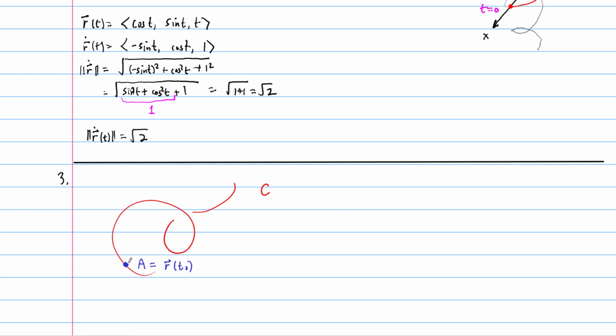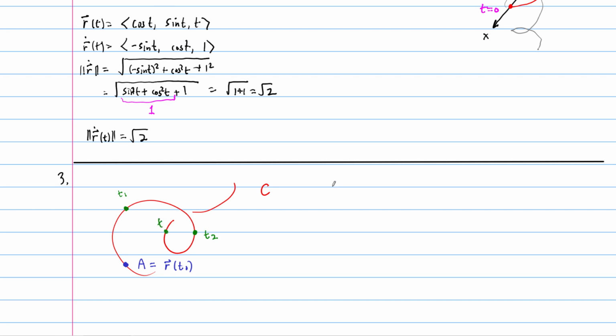And we want to know for any given time t, how far in distance, in arc length, have we traveled along our curve? So maybe this point right here corresponds to t1. Maybe this point right here corresponds to t2. And we want to know, can we compute the arc length for any time t?